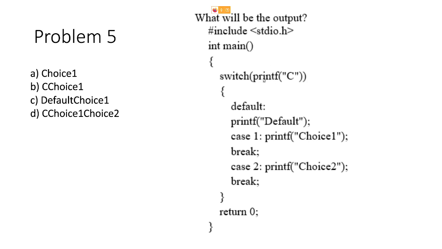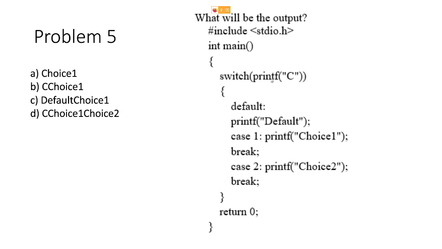Now, which case will be executed? Ma'am, choice 1. Yeah, case 1, and it will print choice 1. So then what will be the answer? A, B, C, D. Which one? A.